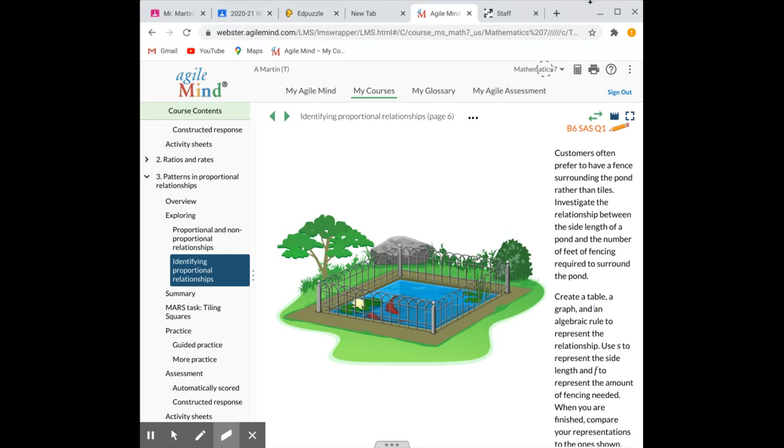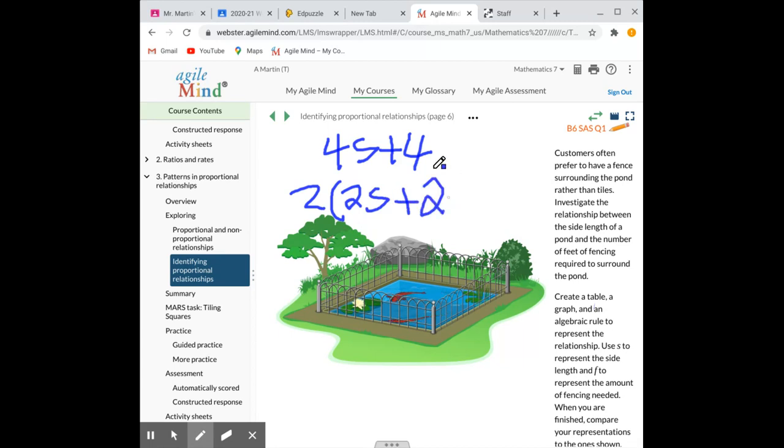All right. Also, we talked about in class that we could take that equation 4s plus 4, and it was also equal to 2 times 2s plus 2. What property did we talk about that allows us to be able to rewrite this equation like this so that it works?